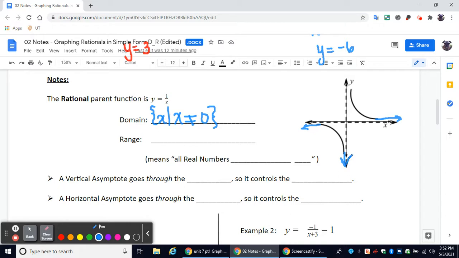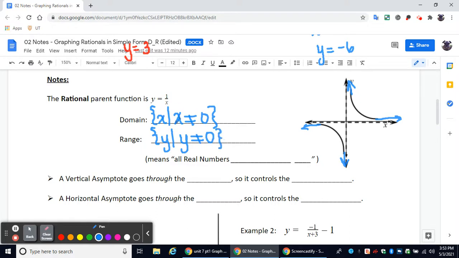This branch in the third quadrant, those y values are going to go to negative infinity. And in the first quadrant, the y values are going to go to positive infinity, but there's a horizontal asymptote stopping those y's from crossing this line. So for our range, we can say the same thing. We can say it's all real numbers, except for this 0.